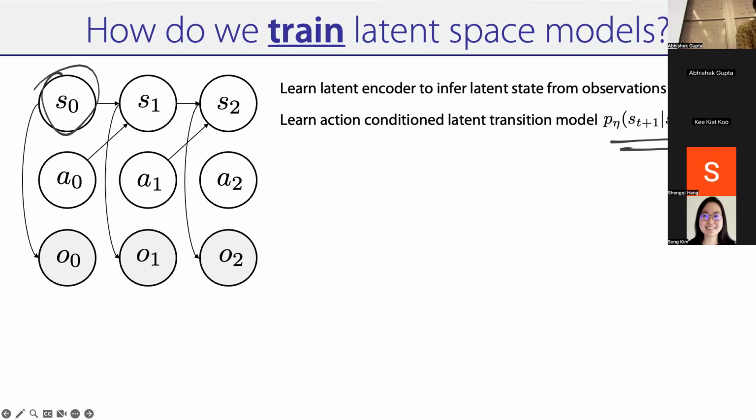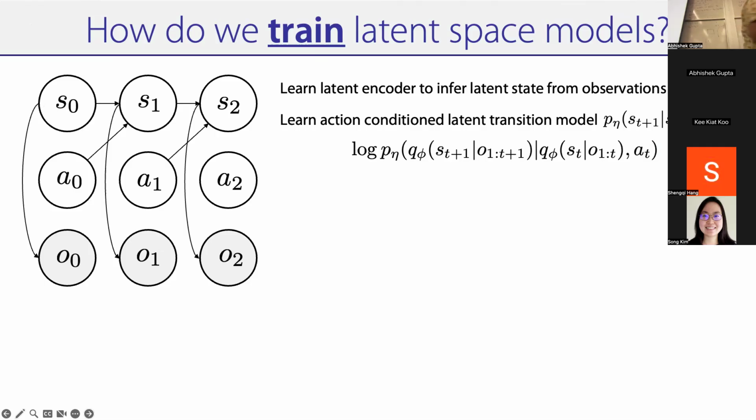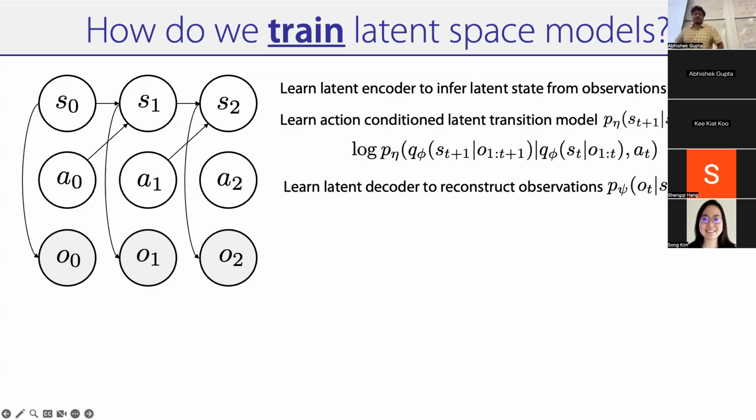The latent transition model says, given ST and AT, what is ST plus 1? And then you're going to have a decoder. A decoder says, given some ST, can I predict OT?